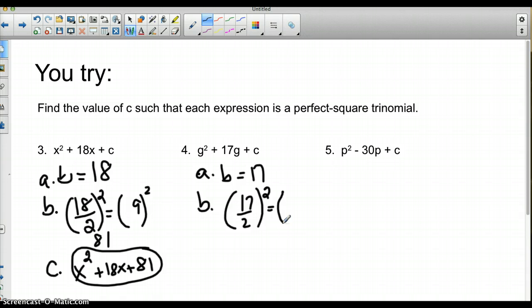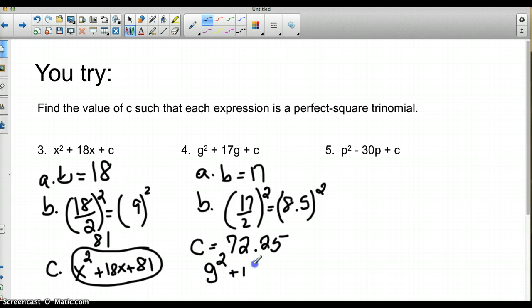So 17 over 2 equals 8.5. And then we have to square it. So you get c equals 72.25. So you could have g squared plus 17g plus 72.25.